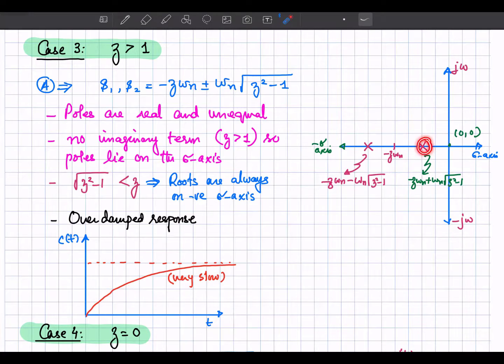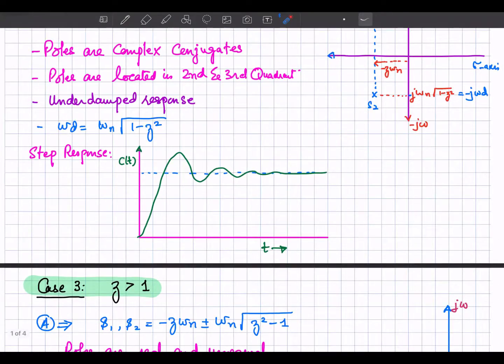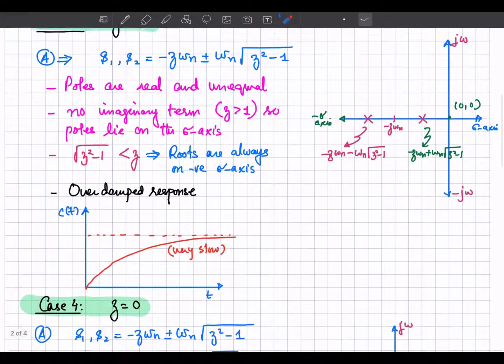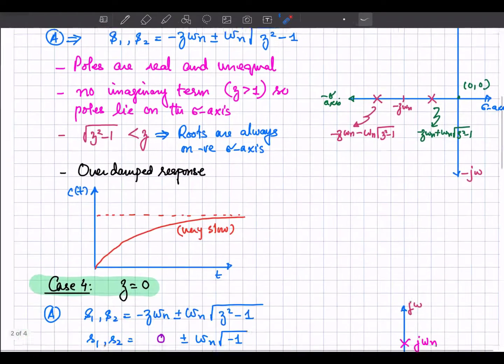So when our poles are over the real axis and at different locations, our system becomes slower, and when they come to this position, the system becomes a bit faster, and when the poles go over here, there will be oscillations like this, and finally the system is going to settle down. So as the position of the poles changes, the response of the system changes.